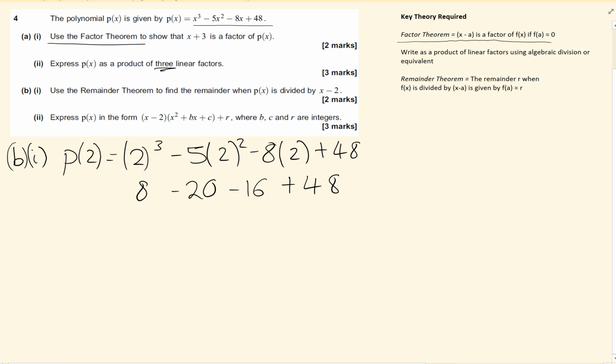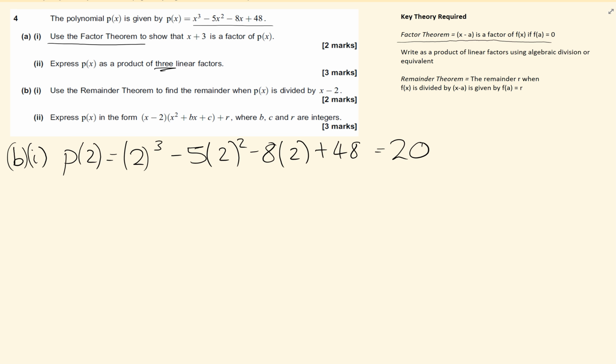So 8 minus 20 is minus 12, minus 16 plus 48. Minus 12 minus 16 is minus 28, plus 48. So minus 28 plus 48 is going to leave me with 20. So I'm going to say that my remainder, when the division happens, is equal to 20.